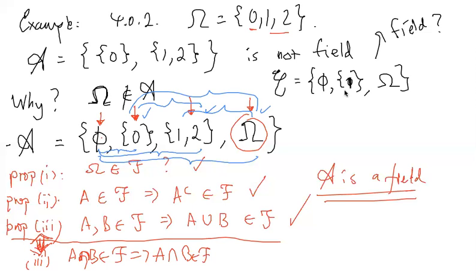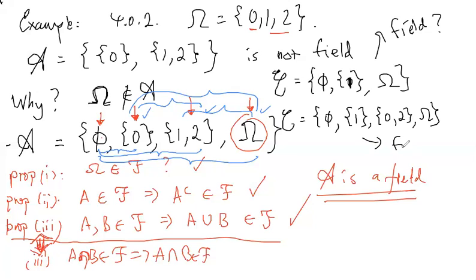So this is not a field because the complement of 1, right, is not inside this collection of subsets, okay? So it's not a field because you take its complement is outside of it, you see? So in order for it to be a field, we have to make sure that its complement is inside, right? So that will be 0, 2. So this is a field.